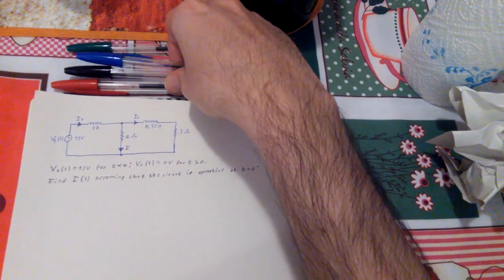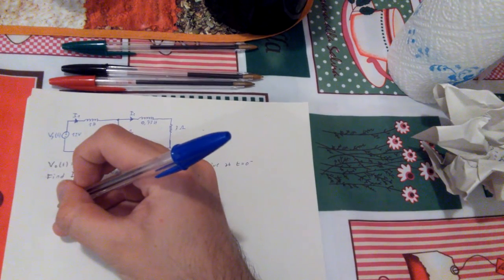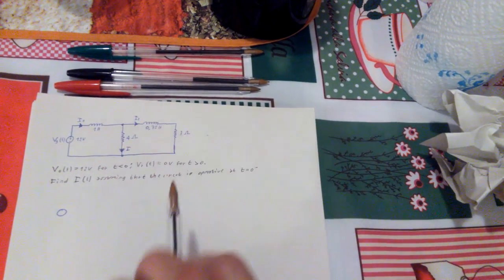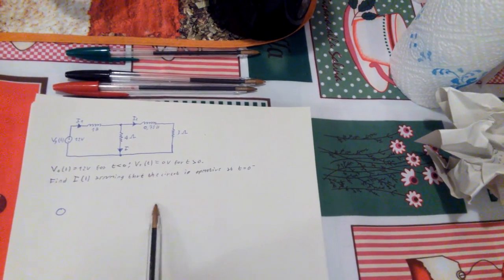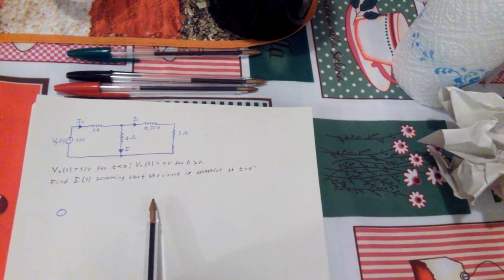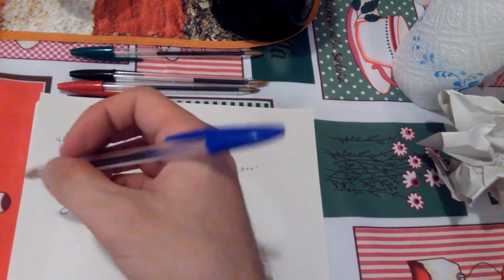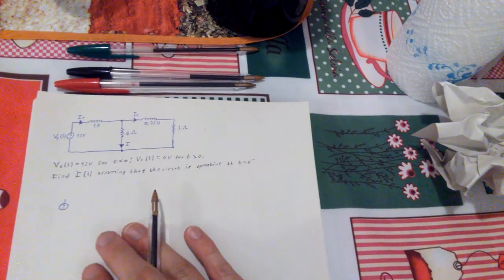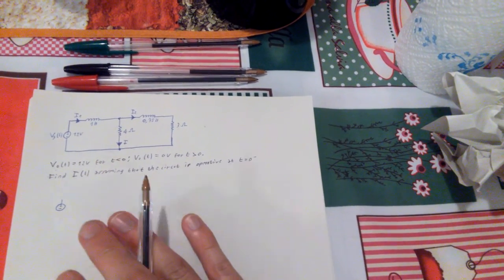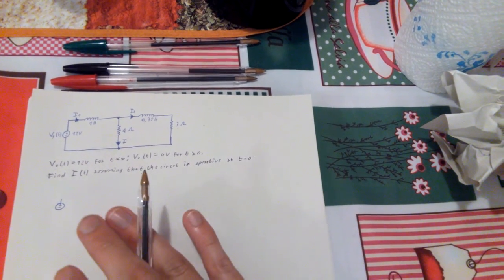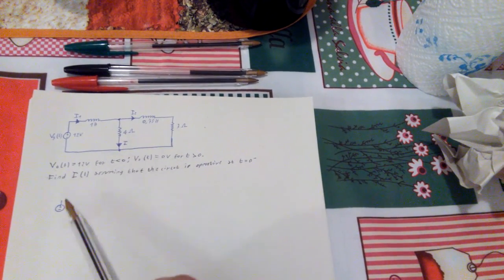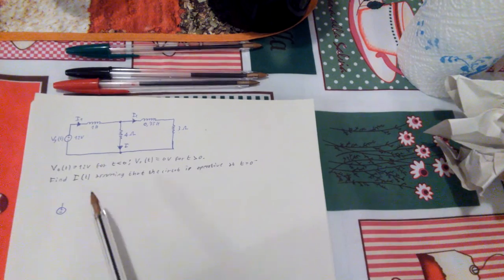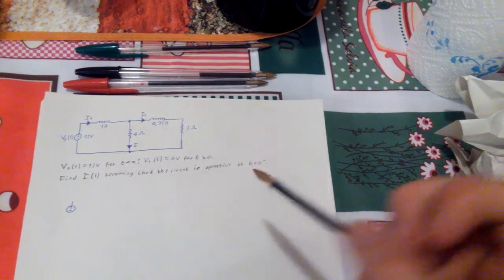Just to find the total current I, let's write this equivalent circuit instead. It's not the equivalent circuit of Laplace, it's another circuit. It's basically the same, but we're going to use this one to find the current I.